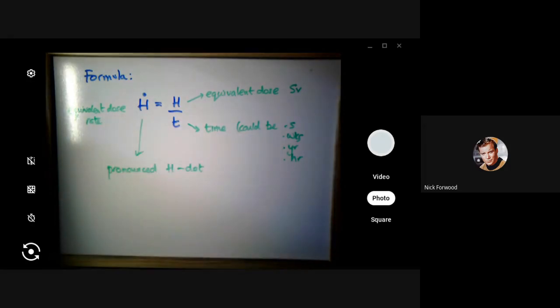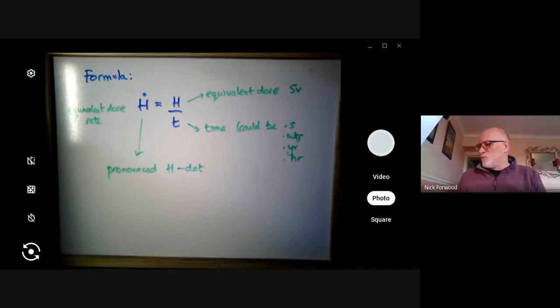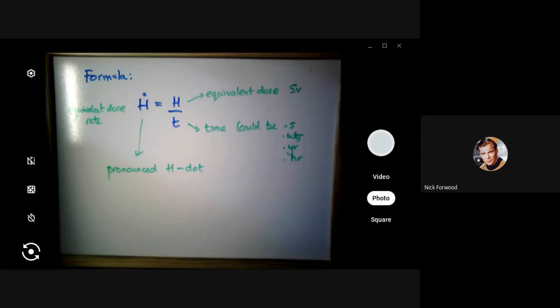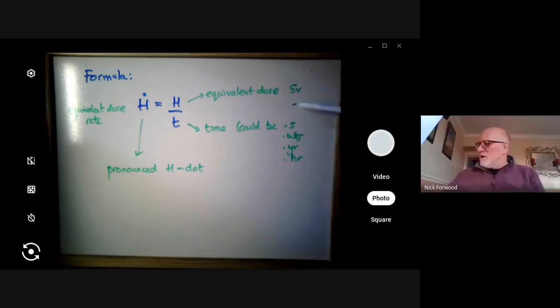And it will be in sieverts per week, or millisieverts per second, or microsieverts per hour. Just look at what the units that you're given and adapt the units for equivalent dose rate accordingly, and you'll always get the units in the question, whether it's sieverts, millisieverts, microsieverts, and whether it's seconds, weeks, hours, or whatever.